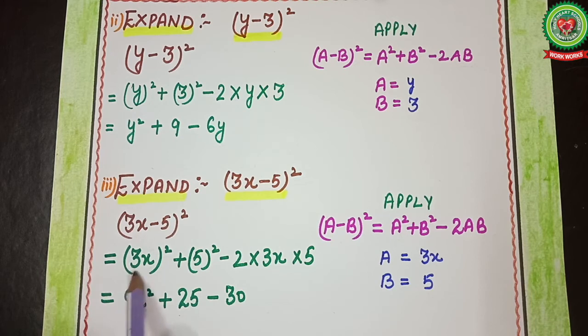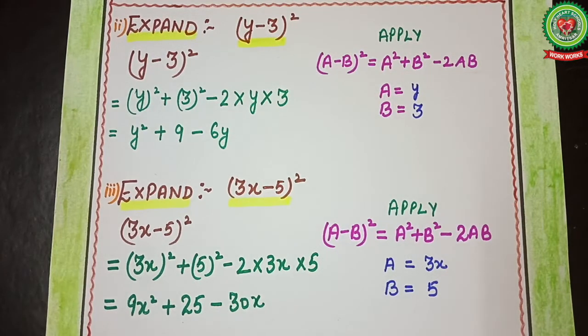So what is the square of 3? That is 9. What is the square of x? That is x square. So you get 9x square, plus means plus, 5 square means 25, minus means minus, 2 into 3 that is 6, 6 into 5 that is 30. And what is left? You have to write over here x, right?